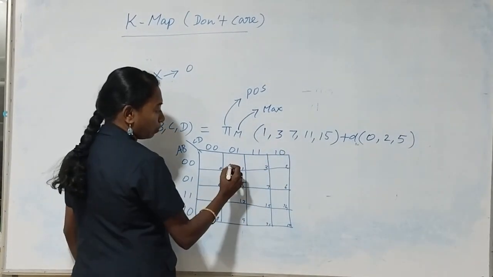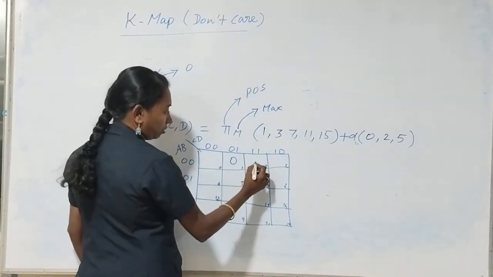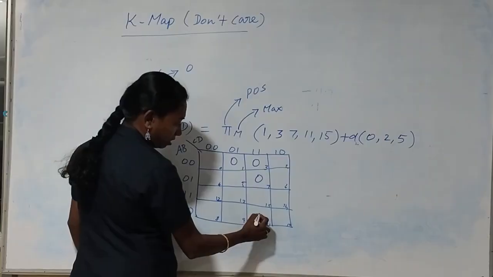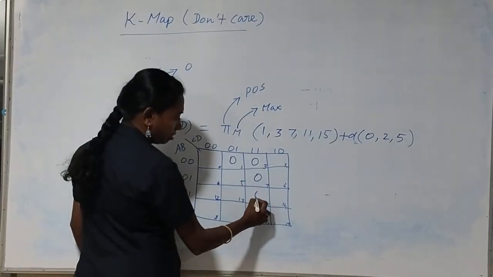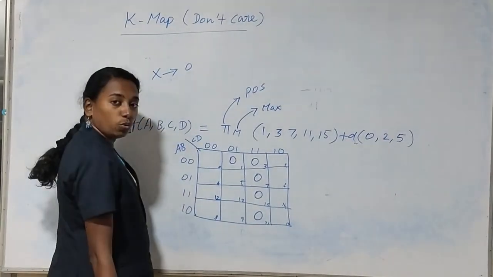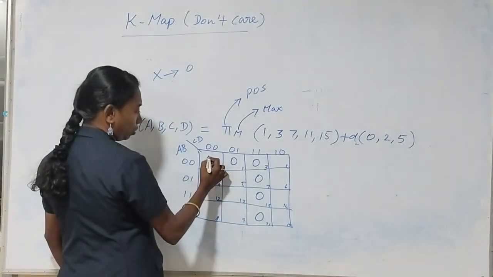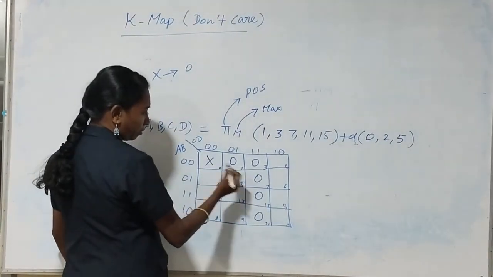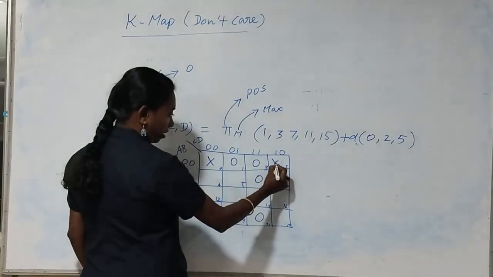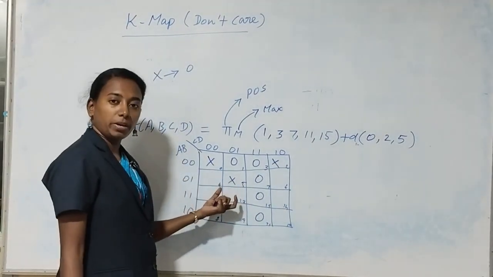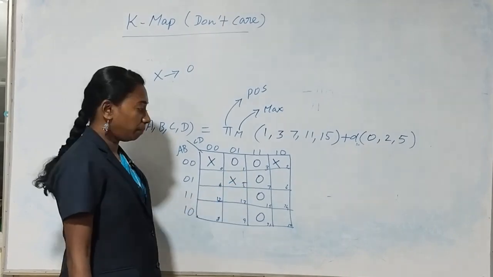Okay. So for 1 it is 0, for 3 it is 0, for 7 it is 0, for 11 it is 0, and for 15 it is 0. So for don't care, the values are 0, 2 and 5. So 0 is don't care, 2 is don't care, and 5 is don't care. So this should be considered as 0 when it is for POS.